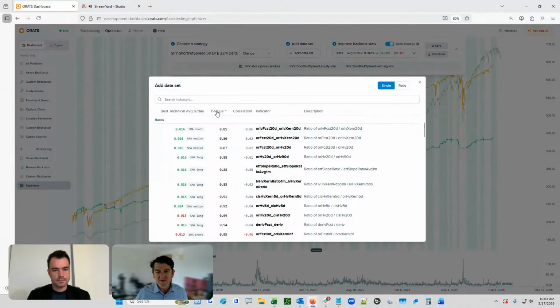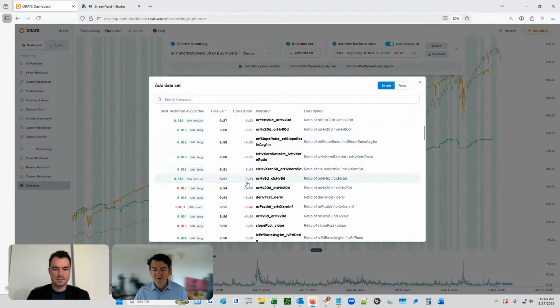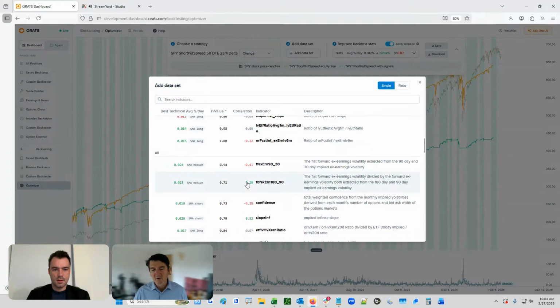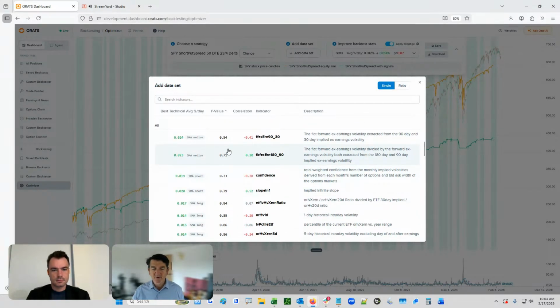We've talked about it before here a few times, but the p-value is the probability that the signal that we're getting is due to happenstance or randomization. So these are very high, but still I find them quite useful. We're looking for under 0.1, and these are up around 0.7.